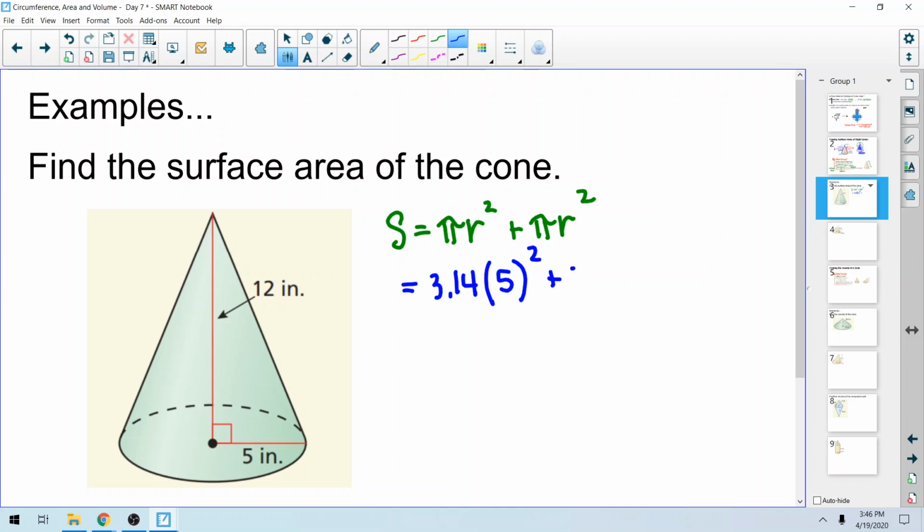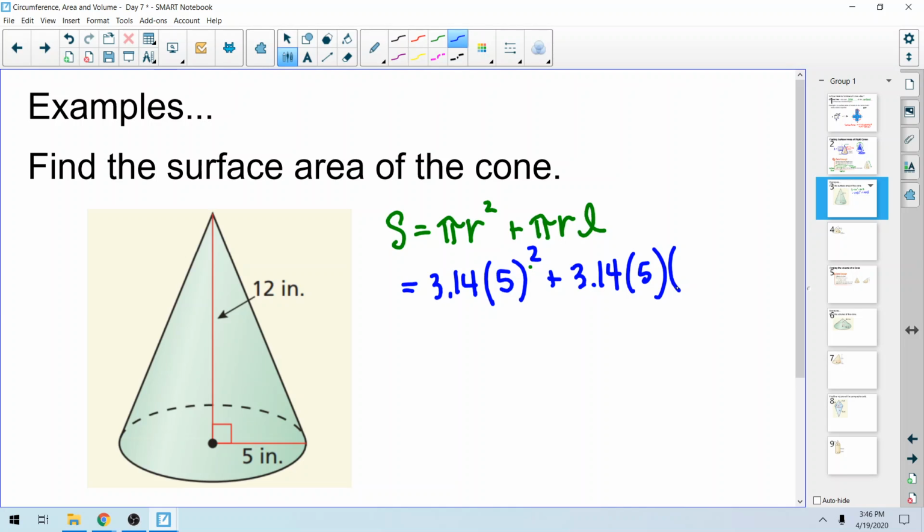Oh, I'm sorry, pi r squared plus pi r L. Backtrack. I wrote the same thing twice. So starting out again, we've got 3.14 times 5 squared plus 3.14 times 5 times L, and L is your slant height.